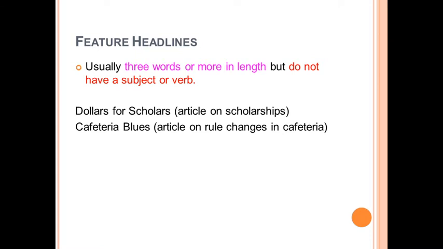After reading this headline, we don't really understand what exactly it is, but it creates enthusiasm with those three words. One of the other peculiarities of the headline is that it does not have a subject or verb. So this type of headline is known as feature headline.